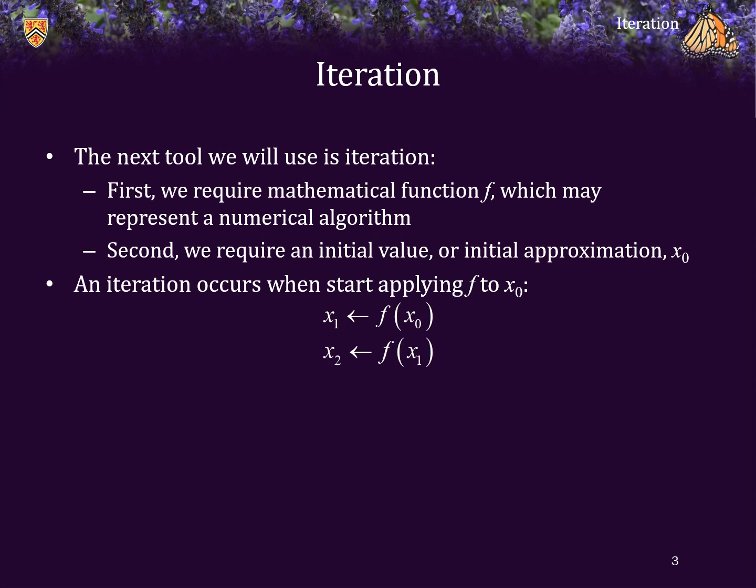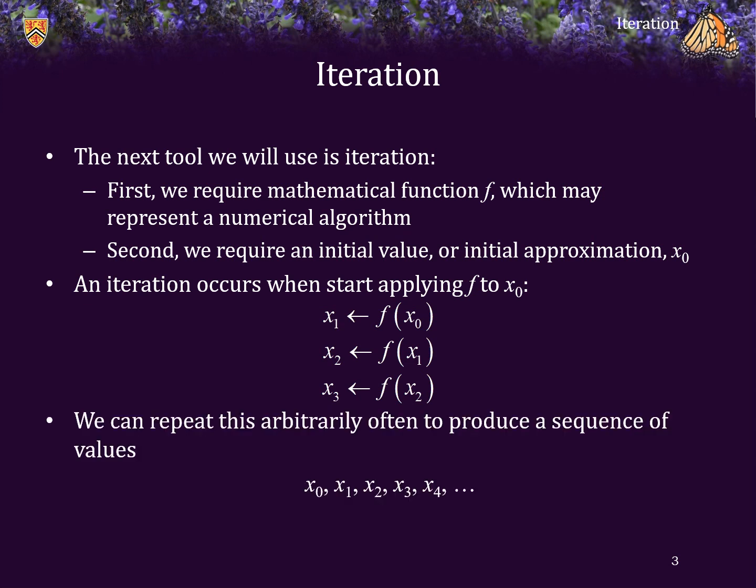Having done so, we can now apply f to this value x1, and we will assign the result to x2. Having done so, we can now evaluate x2 at f and assign the result to x3. If we repeat this arbitrarily often, this is going to produce a sequence of as many values as we either want or require.